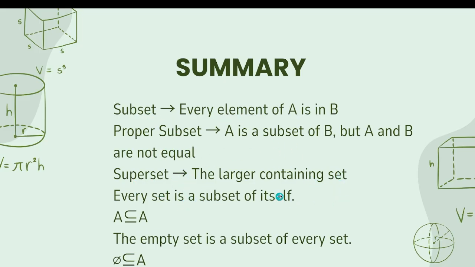So if B has more elements than A, then B is a superset. And the next thing is that every set is a subset of itself. And yeah, this A is a subset of itself. The empty set is a subset of every single set.